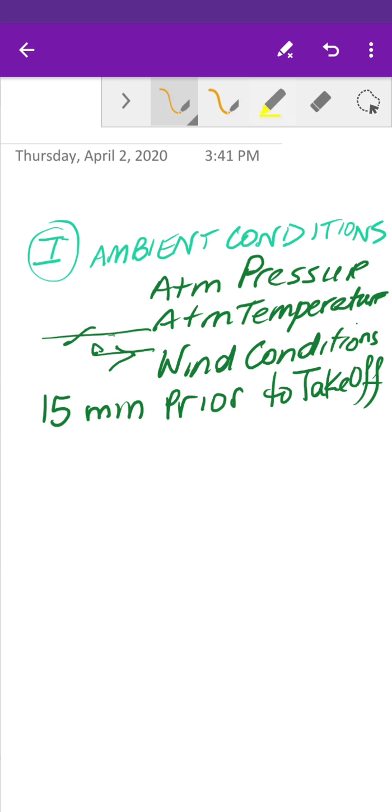They can see if it's got a wet runway or a dry runway. They can get the measurement of the pressure in the altimeter, and they can take the temperature. So these 3 aspects are useful when the pilot is calculating the takeoff performance of the aircraft, considering the weight of the aircraft, that it needs to be within the limitations based on these conditions.